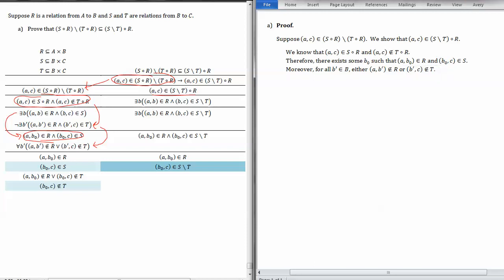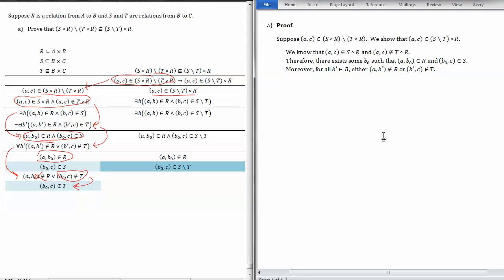All right, and then we know which one we are in this case, because if we apply that to B naught, we get here, and we knew that A B naught was in R, and so that cancels out that possibility, and disjunctive syllogism gives us that one must be the case.